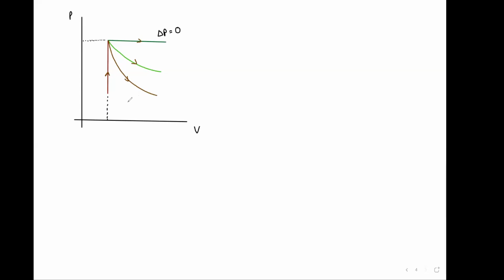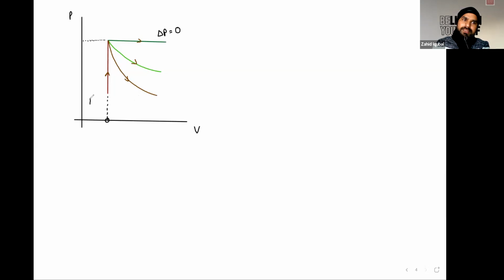Yes, it is going vertically, so volume will remain the same at this point. There is no change in its volume along the horizontal direction. There is only a change along the vertical line. So we can say pressure is only changing, volume remains constant. So it will be termed an isochoric process. Is it clear?